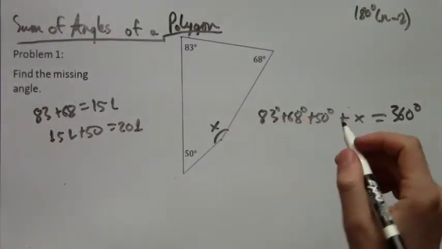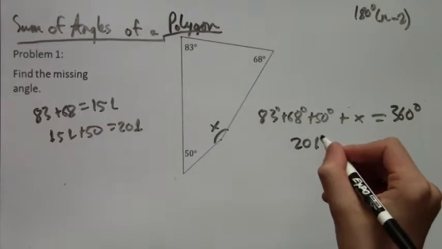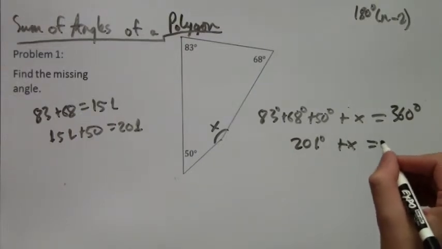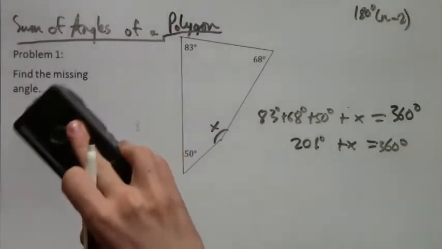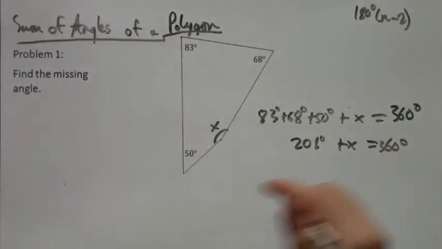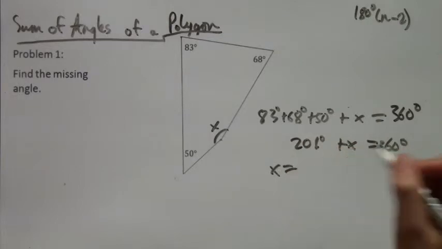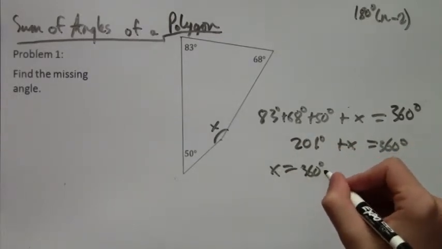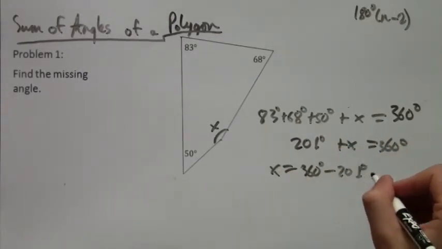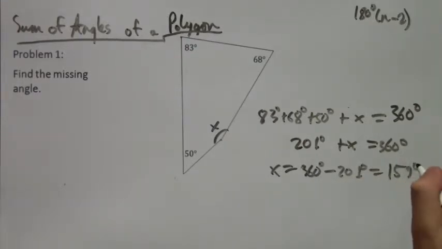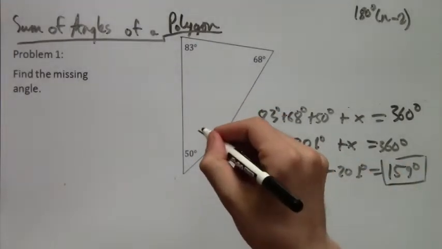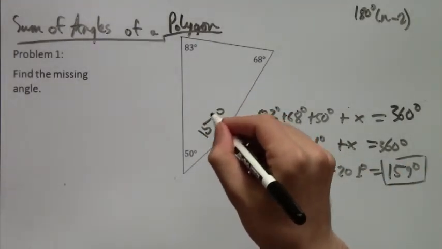So I get 201 degrees plus x is equal to 360 degrees. Now we just finish solving for x by subtracting 201 on both sides. And we get x equals 360 minus 201 degrees, which is 159 degrees. So we've solved for it. The missing angle is 159 degrees.